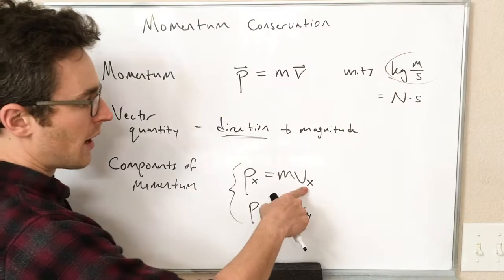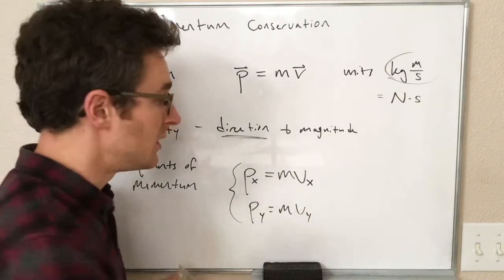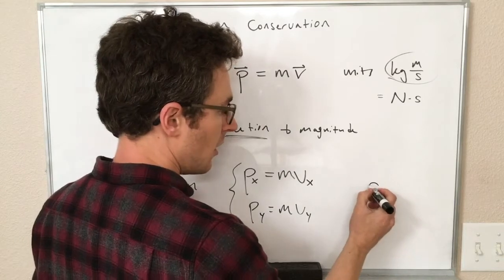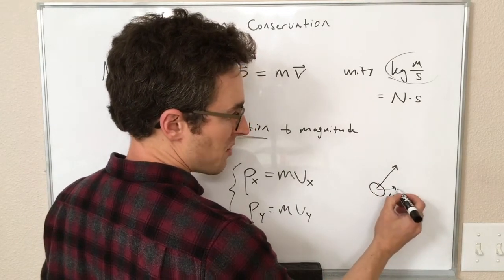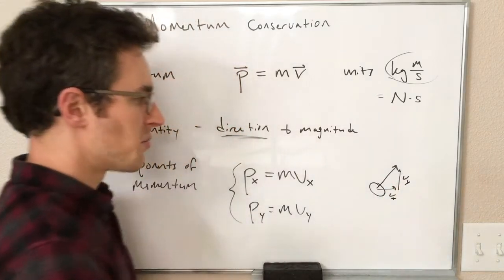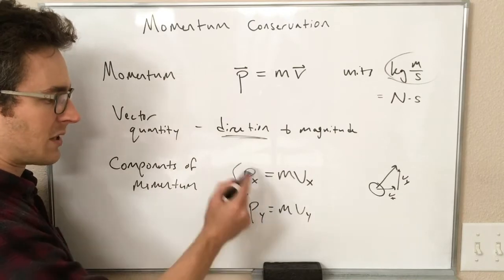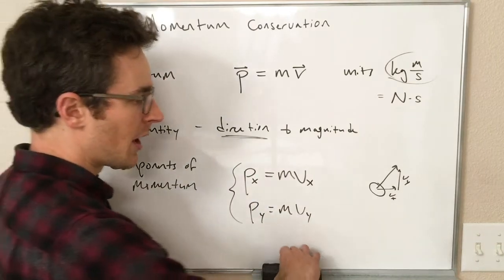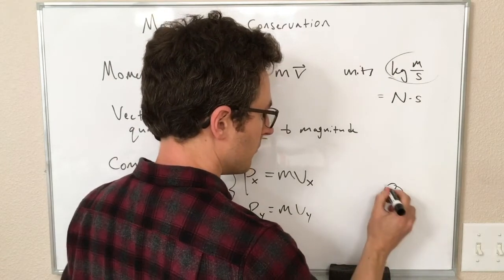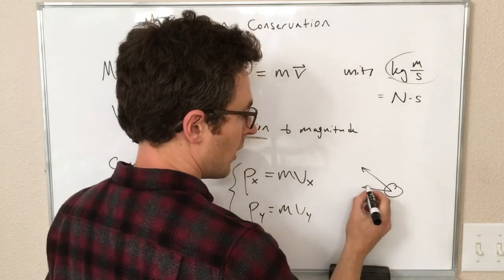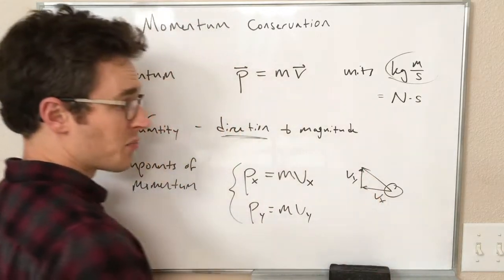And remember, our x and y components of our velocity could be positive or they could be negative, right? So if I have an object going up and to the right, here, Vx is positive, here, Vy is positive. So both of these would be positive, and so both Px and Py would also be positive. But I could just as easily have an object moving up and to the left, where Vx is negative and Vy is positive.